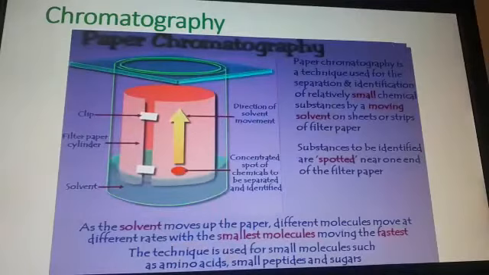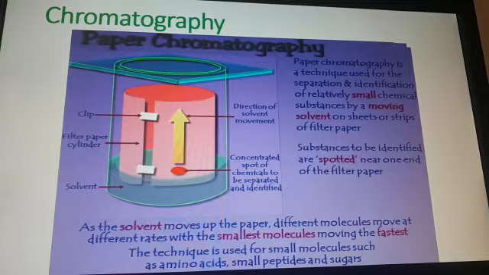Now it is chromatography, this is paper chromatography. I think all of you remember that we already did this experiment in the lab, and all of you wrote the report also. Chromatography means the experiment to separate the different pigments of the ink. The ink contains some pigments, and this method of separating them is called paper chromatography.